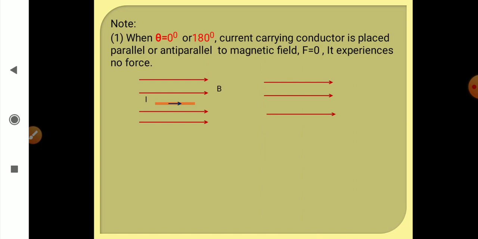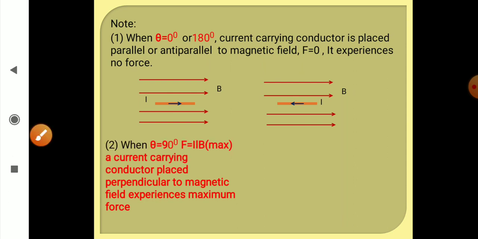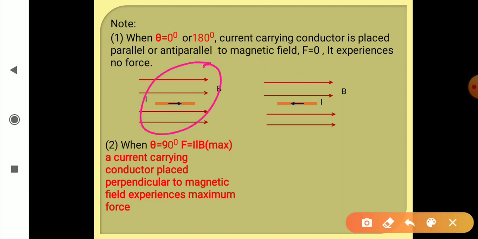Current is parallel to magnetic field, so force experienced by it will be 0. Another case, here the conductor is carrying current in opposite direction. So in both the cases, in this case when current is parallel to B, in this case where current is anti-parallel to B, the force experienced by the conductor will be 0.